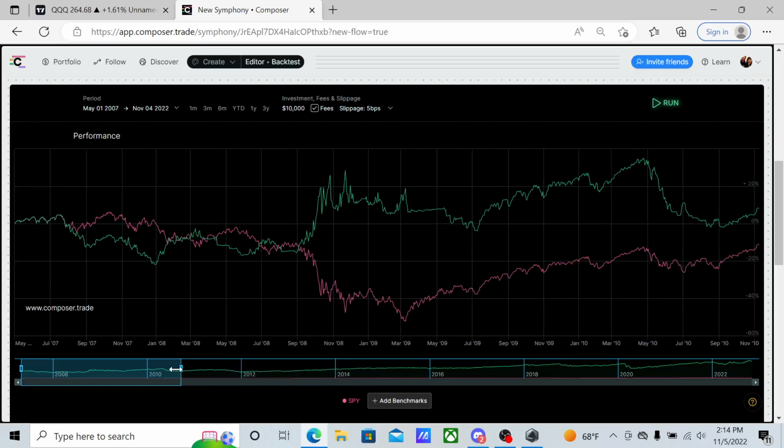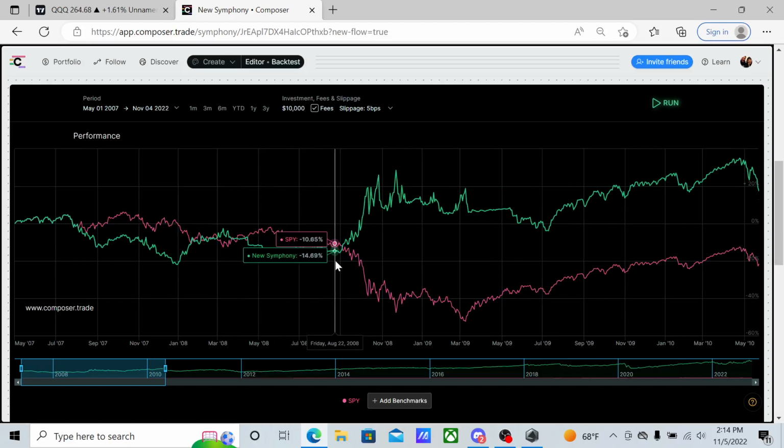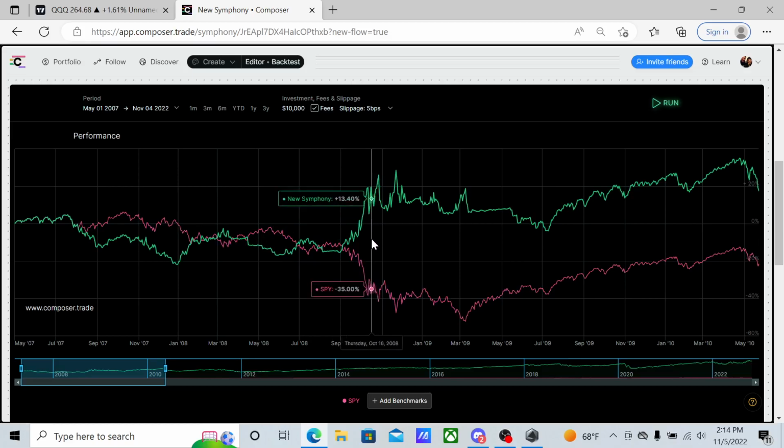So where it would have helped you temporarily is here at the beginning of the crash in '08. You could have caught these nice waves up, but see how it's dropping, going up, dropping again, going up, dropping again. So all these sharp price actions, that's all volatility happening below the 200-day moving average.